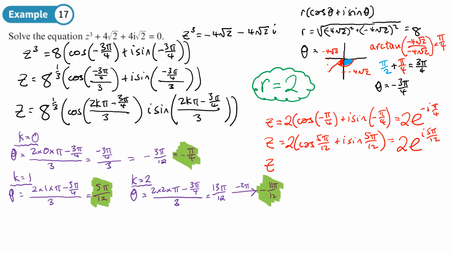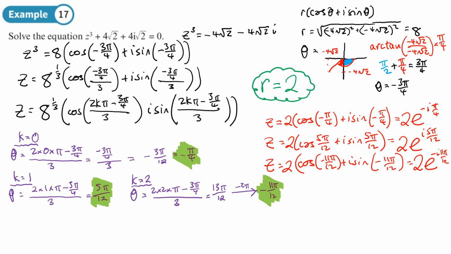Third and final root, 2 cos, so we're going for negative 11 pi over 12 plus i sine negative 11 pi over 12, exponential form 2e to the negative i 11 pi over 12, just enough space.